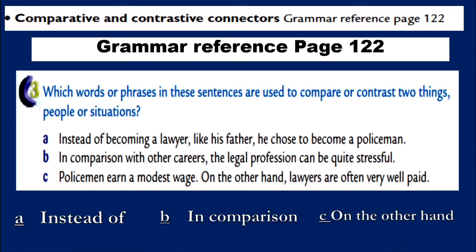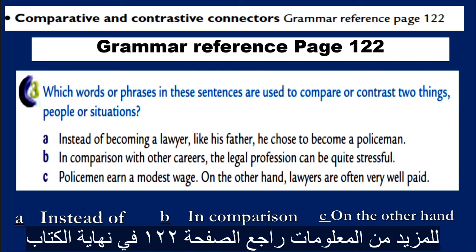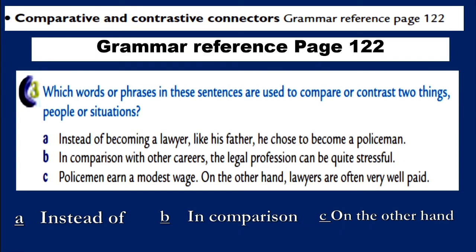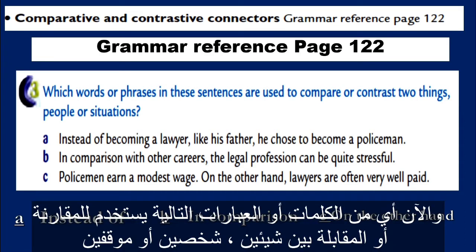If you want more information, at the back of your book, page 122, you'll find more examples and more explanation, okay, at the back of your student's book. Now here, which words or phrases in these sentences compare or contrast two things or two people or situations?